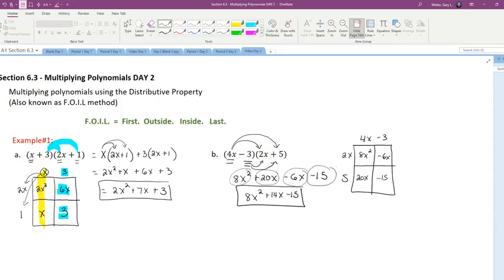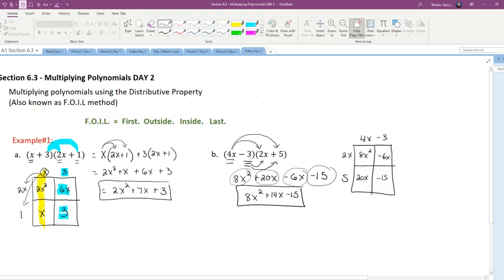Okay, so one way to look at this is as we just did, as a distributive property. Another way to think about it, to help organize and make sure you did all the math you need to do, is this acronym known as FOIL. So we talk about the FOIL method. And FOIL stands for first, outside, inside, last. So what does that mean?